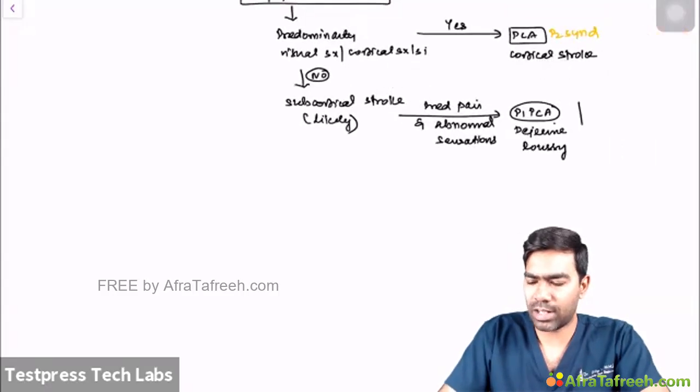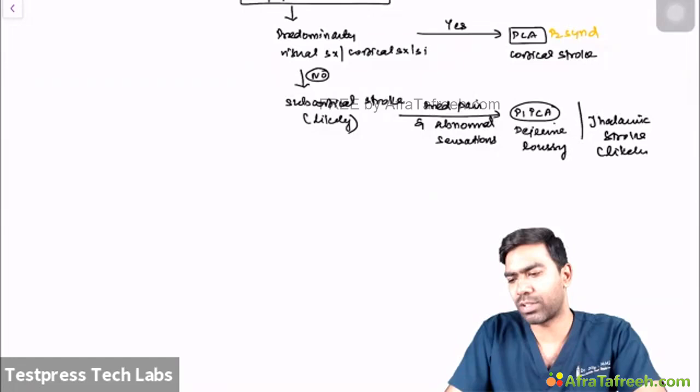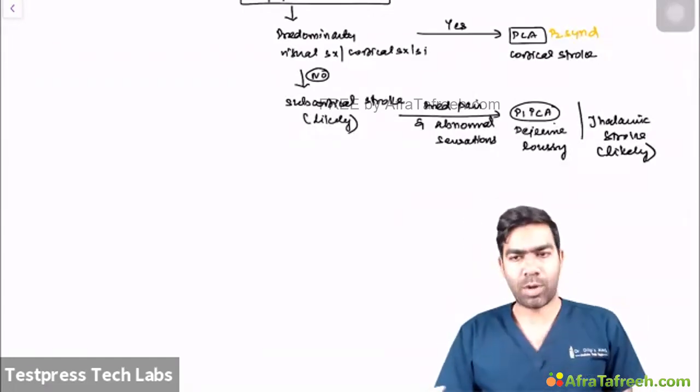Or simply I can say the patient is having a thalamic stroke, likely in this situation. I cannot confirm anything based on clinical examination. I can suspect that this is the probable area.